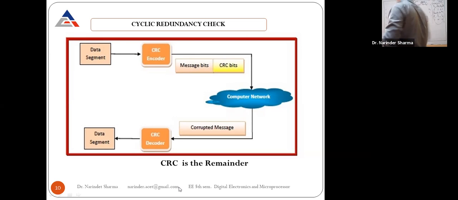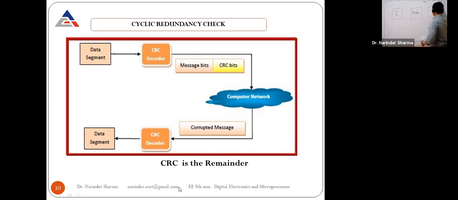So here you have to keep this thing in mind. See, if any data has to be transmitted, there is a transmitter site from where data is being transmitted. This is your transmission. This is your media.